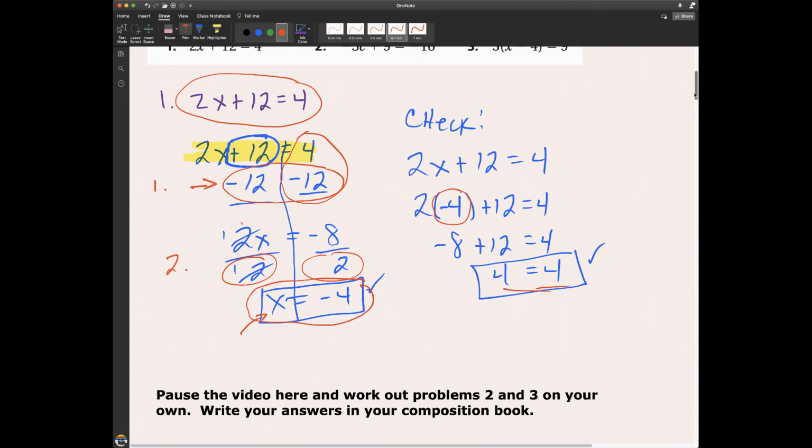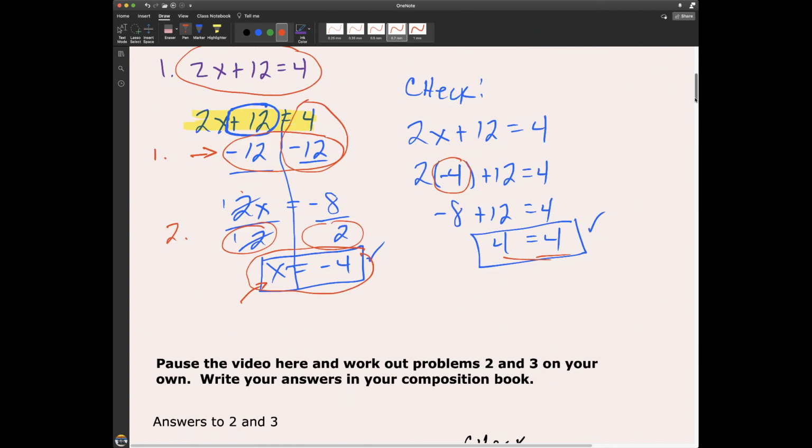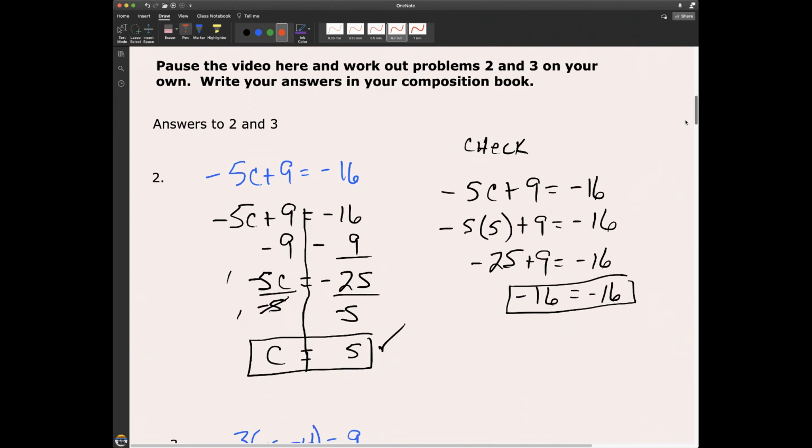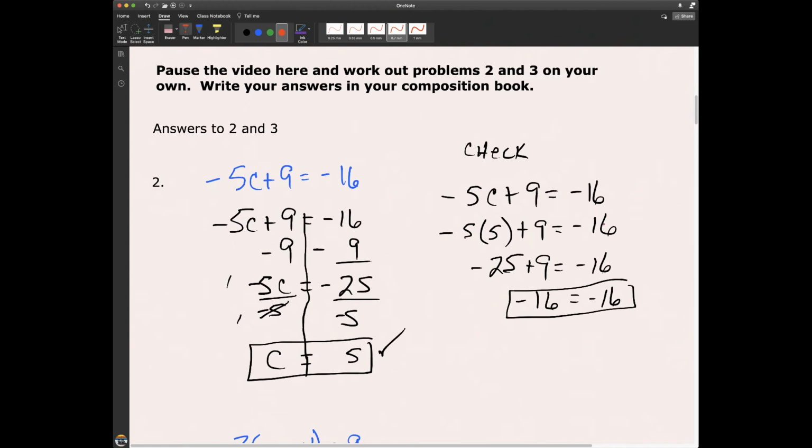Okay, so we're back. What'd you get for problem 2 and 3? So there's problem 2. Again, my first step here is to subtract. I'm subtracting 9 from both sides. Subtraction is the inverse operation for addition.